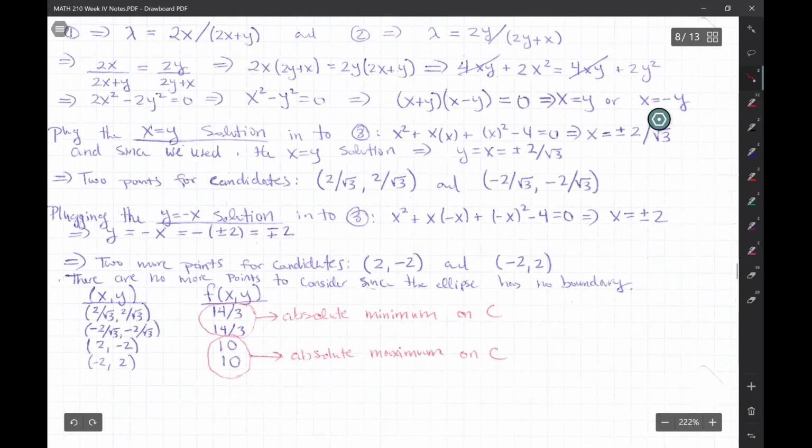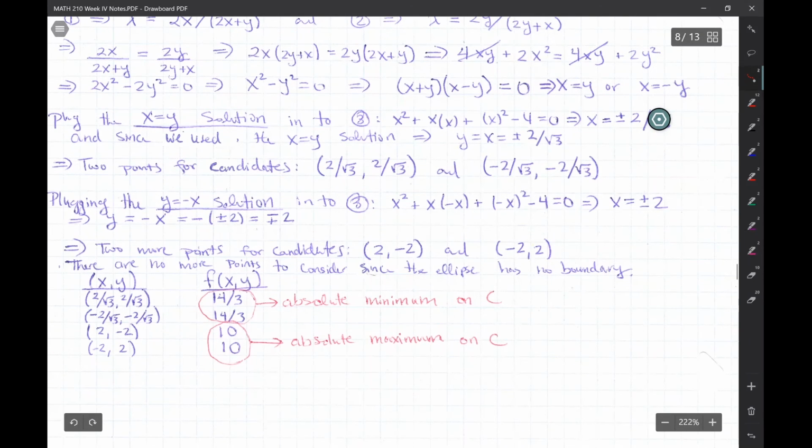And so we plug in these candidates for the local extrema into our function. We get 14 over 3. And for these two critical points, that's the absolute minimum. The absolute minimum is 14 over 3 and it occurs at these two different points. And we also plug in (2, -2) into our function and we get 10 for each of those.